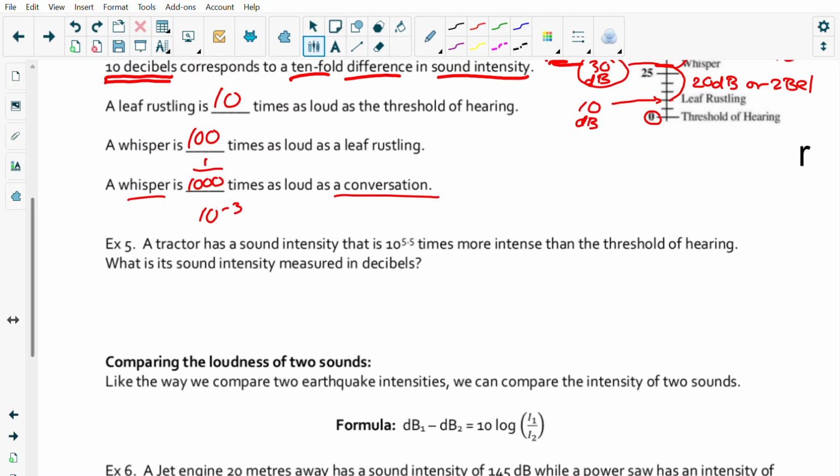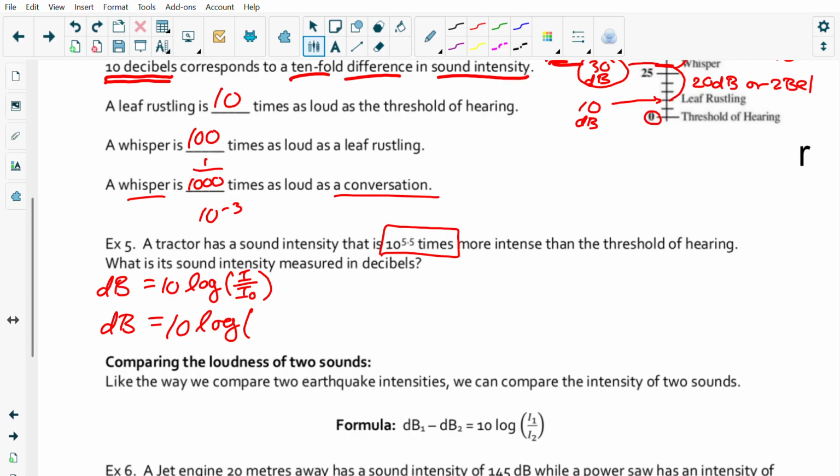Okay. A tractor has a sound intensity that is 10 to the 5.5 times more intense than the threshold of hearing. What is its sound intensity measured in decibels? Let's use our formula. Decibels equals 10 log of I over I naught. So 10 to the 5.5 times more intense, a tractor compared to threshold of hearing.